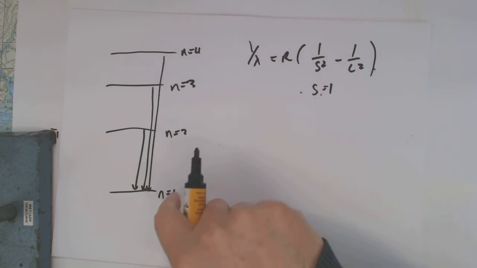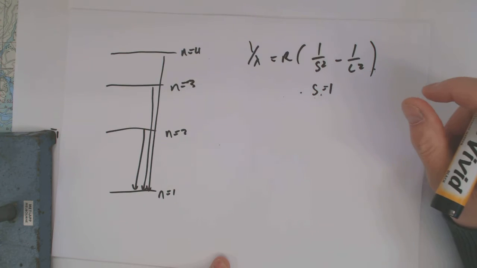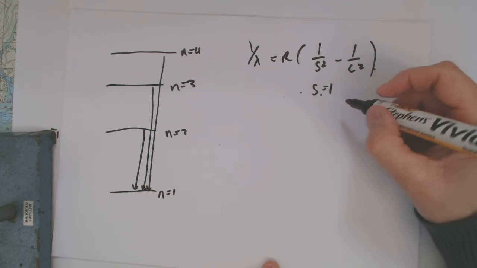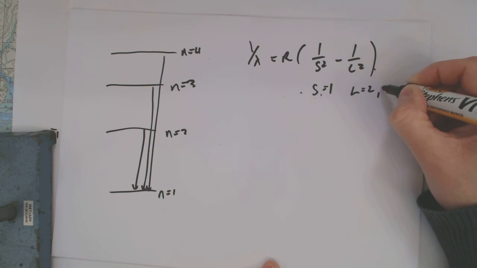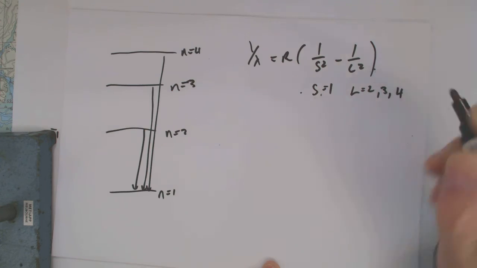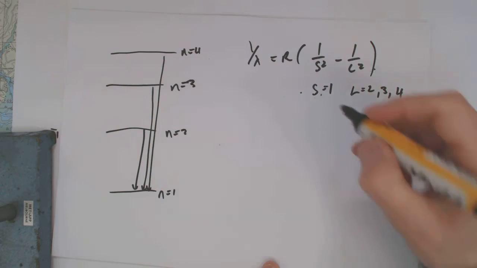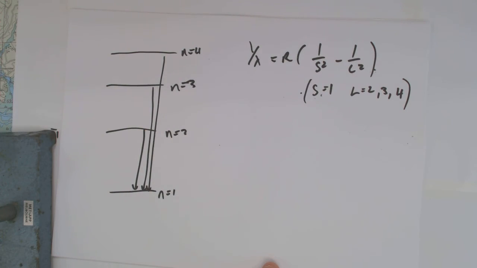And the first line can only be the second level where l equals 2. So if s equals 1, l equals 2 is the first line, then l equals 3, l equals 4 are what we've done here: 2 down to 1, 3 down to 1, 4 down to 1. That will give you the wavelength for the light that comes out.